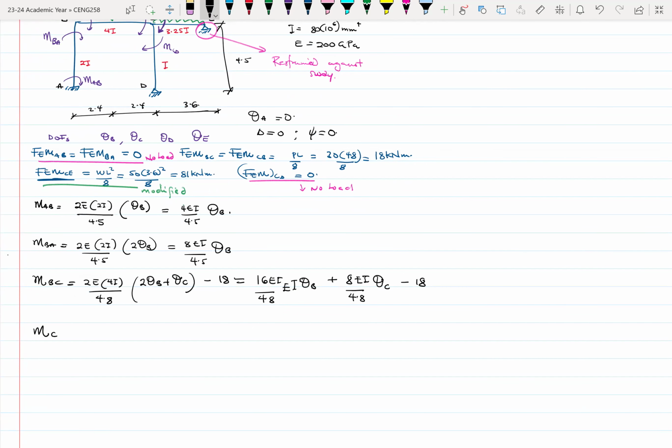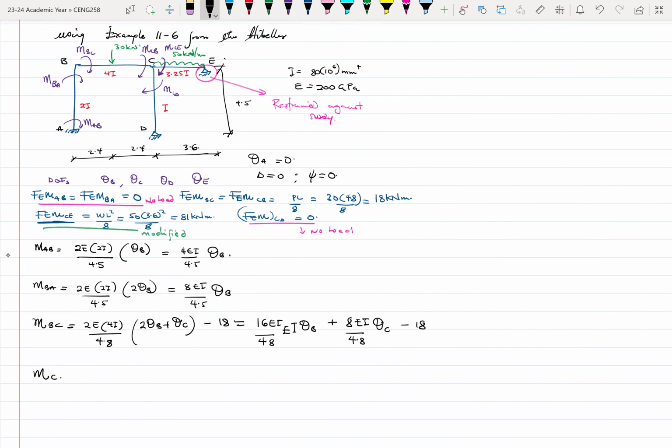MCB will be the next one, and it's 2E 4I over 4.8, 2 theta C plus theta B plus 18. So that'll give me 16. I think I rewrote this too many times.